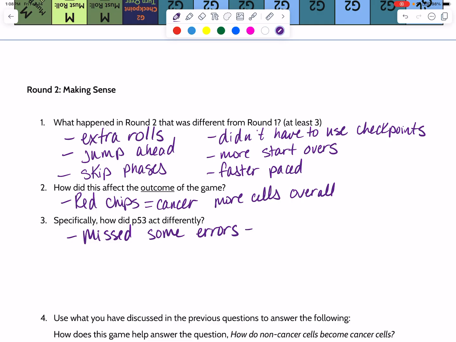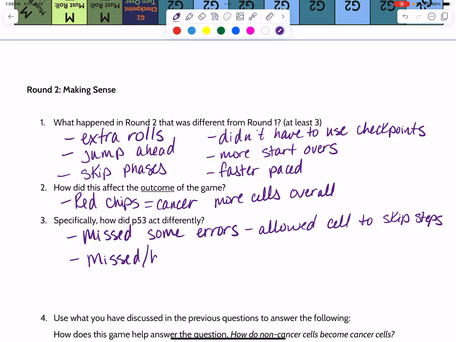So that allowed the cell to skip some of those steps, right? It also had those cells didn't have all their resources, so it missed or bypassed resource needs.